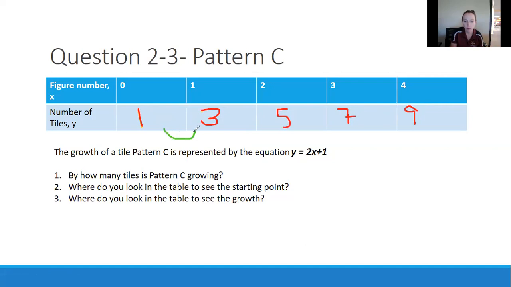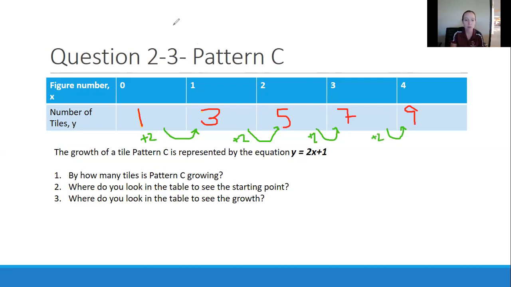That's what we decided. Our pattern is growing by 2 tiles each time. Notice where that is. That's the pattern in the Y. Okay, now we're going to add on to that in the next coming lessons, but for right now, look at where the +2 is. It's not really in the table, it's the pattern on the Y side of that table. That's where we found it.